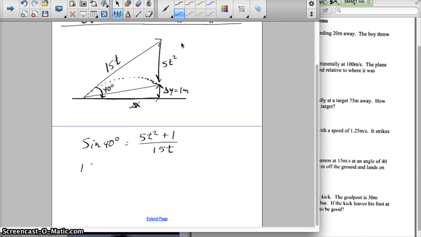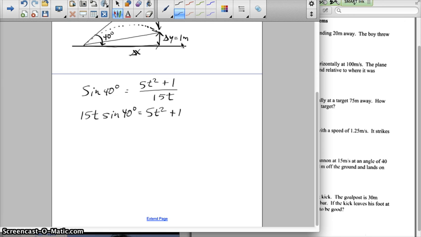So I got 15t sine 40 is equal to 5t squared plus 1. Okay. So 5t squared minus 15t, I can rearrange this a little better.